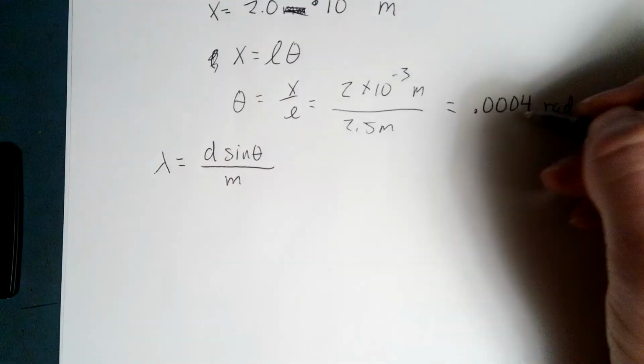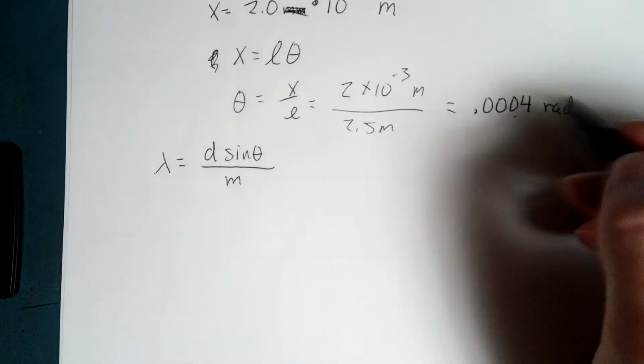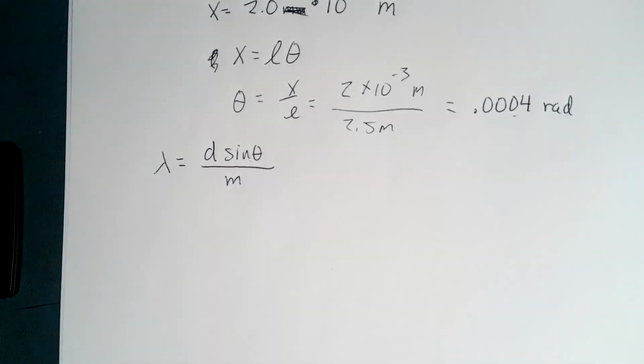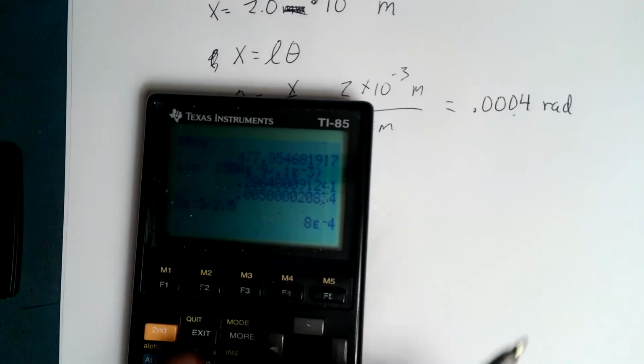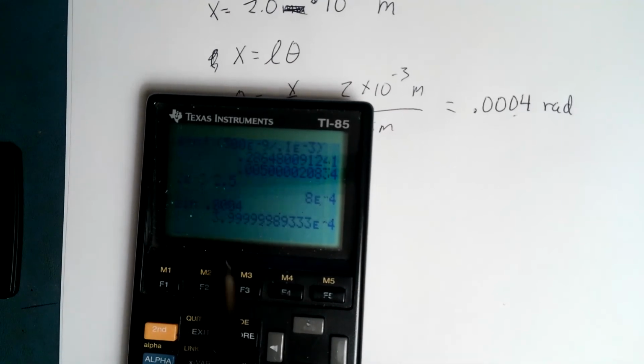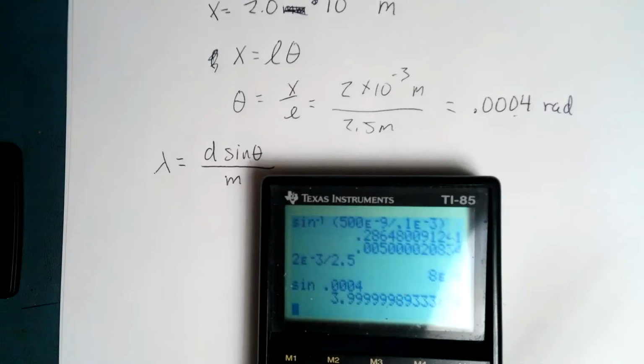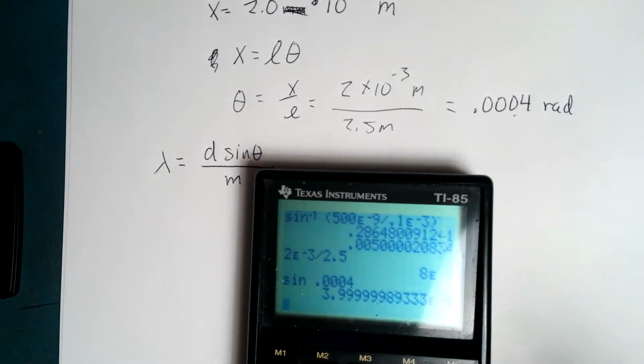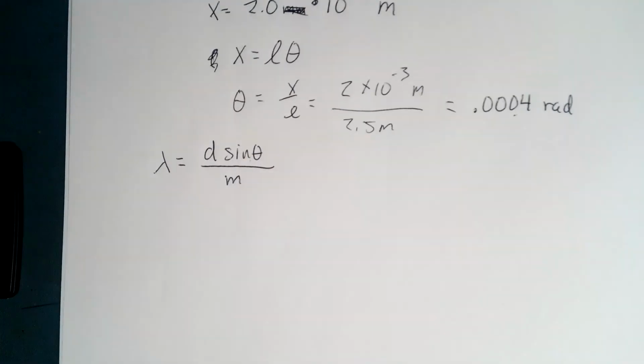Where again, we can just plug this directly in. You could take the sine of 0.0004. Let's try that and just see how different it is. So if I'm in radians and I do sine of 0.0004, look how close that is. I mean, it's 1 part out of a million or something that we're away. Okay.